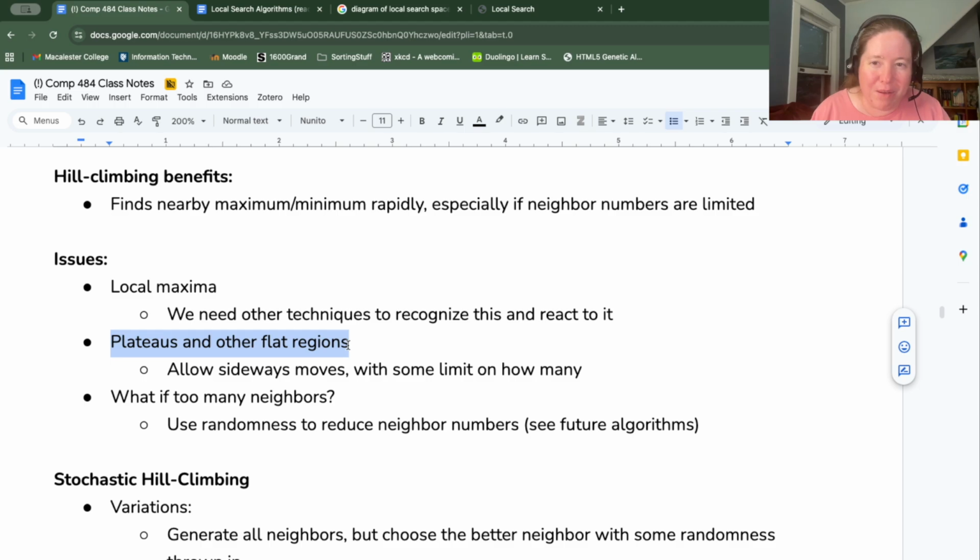But the other problem is if you do allow it to move sideways, so that if it has a neighbor of equal quality, it can actually take that neighbor, you get into the plateaus and the algorithms tend to just randomly wander. They don't have any direction. You don't have any way to say, oh, you're going in circles and you're revisiting the same states over and over.